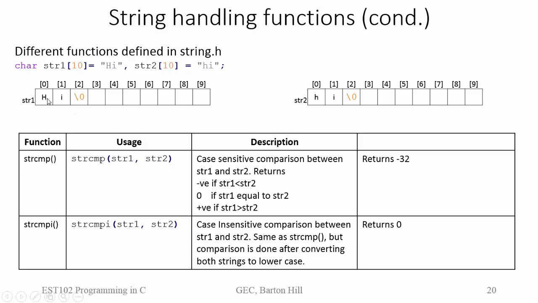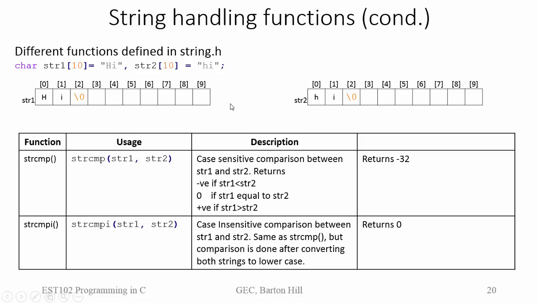Here the ASCII value of capital H is 72 and the ASCII value of lowercase h is 104. So 72 minus 104 will be minus 32. It is a non-zero number. In case we get a non-zero number, it will not proceed further. It will exit returning the difference value, that is, minus 32 will be returned.